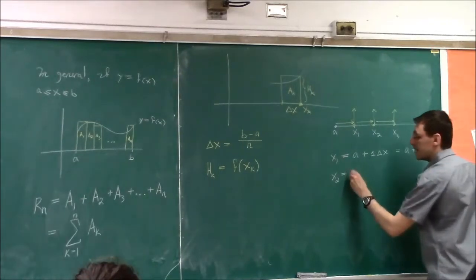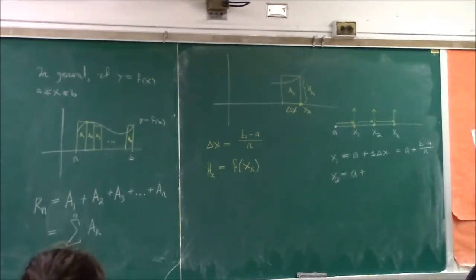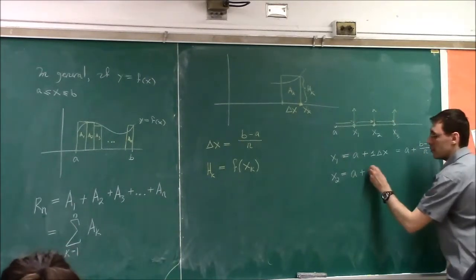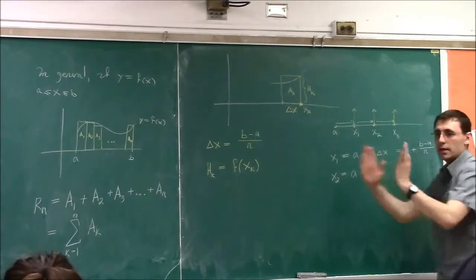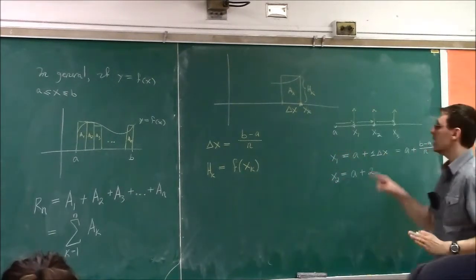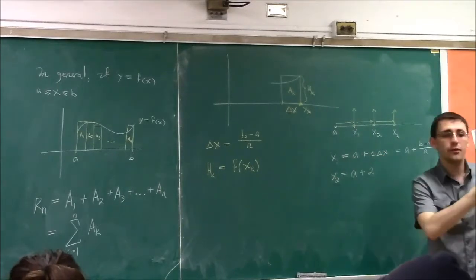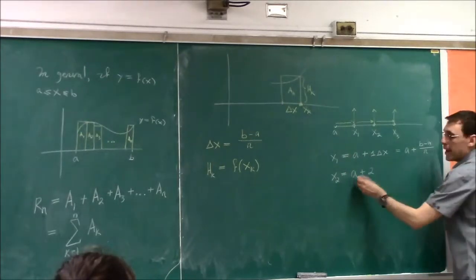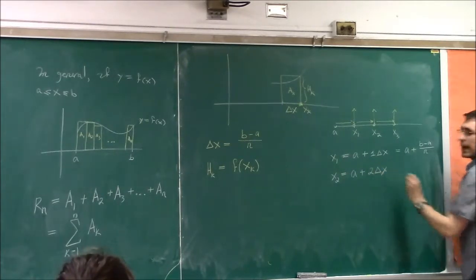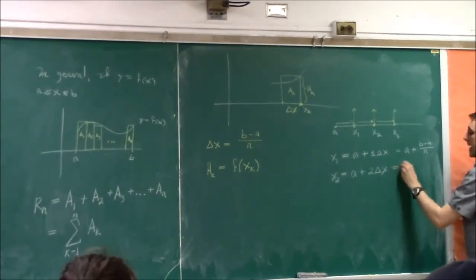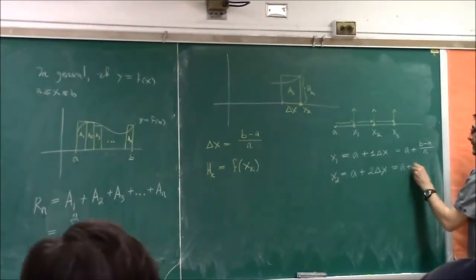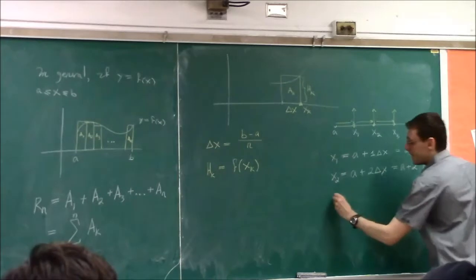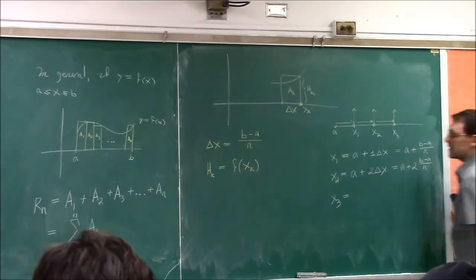A plus, so I begin with a. How much do I need to displace to get to x sub 2? 2. Yes, you see, 1 delta x, 2 delta x. So you can always begin with a and displace two widths of a rectangle. This point is obtained by displacing from a 1 width of a rectangle. x2 is obtained by displacing from a two widths of a rectangle. So what we get is a plus 2 times b minus a over n. What's x sub 3?